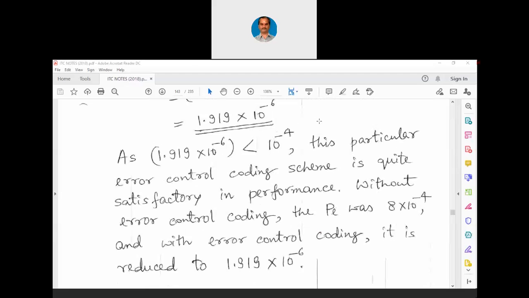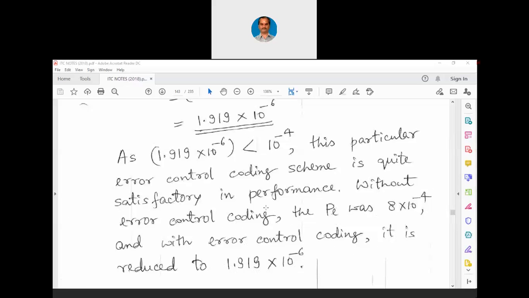Now by adding the additional 2 check bits, we calculated the total error. That error is 1.919 into 10 power minus 6, which is much less than 10 power minus 4. So this particular error control coding scheme is quite satisfactory in performance. Now without the error control coding, the probability of error was 8 into 10 power minus 4, and with error control coding, it is reduced to 1.919 into 10 power minus 6.